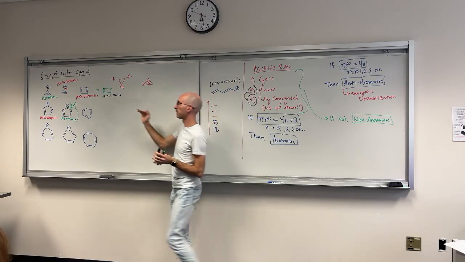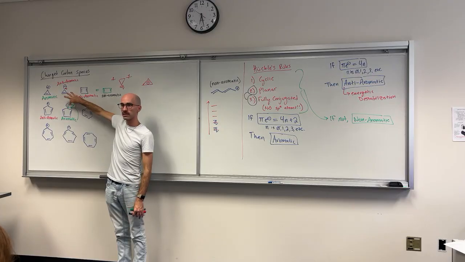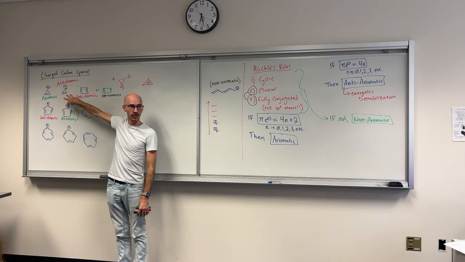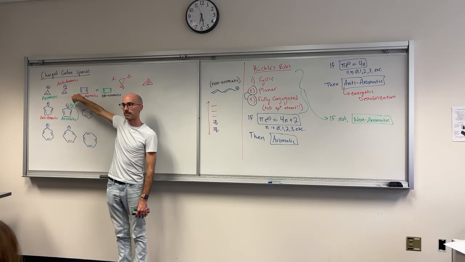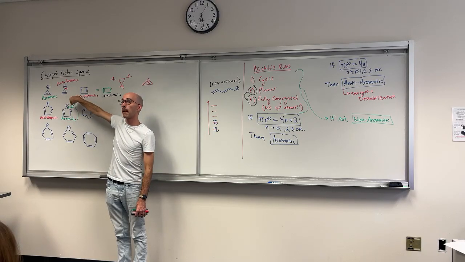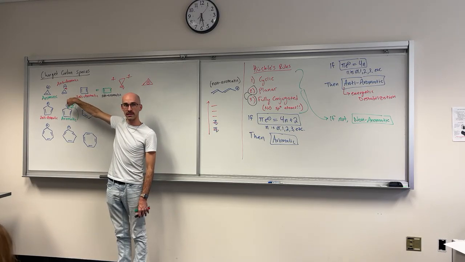So let me ask you this again. If this lone pair was in an sp3 orbital, would the compound be aromatic? The compound would be non-aromatic. If this lone pair is in a p orbital, is the compound aromatic?